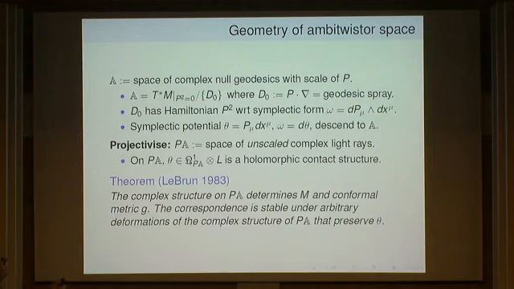So this is a statement you can make in curved space-time, and p squared is of course the Hamiltonian for the null geodesic spray, and as a consequence, the symplectic form dp wedge dx descends to ambi-twistor space, and a feature of the null case is that we also have that the symplectic potential descends. So the contraction of theta with d naught would not vanish if p squared is not 0.